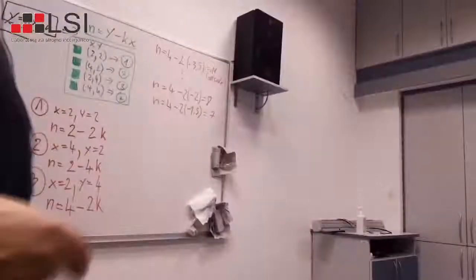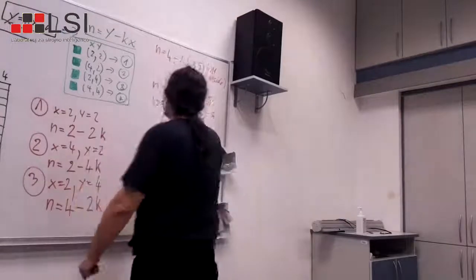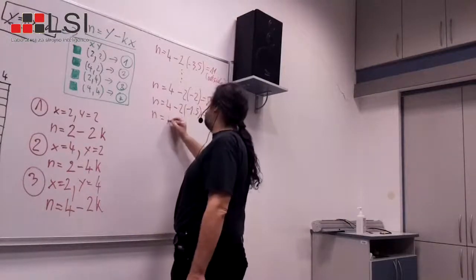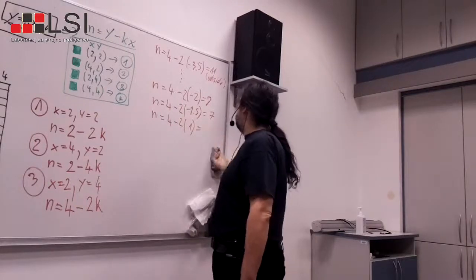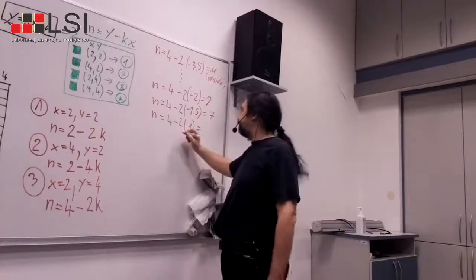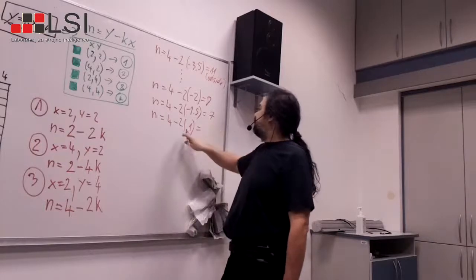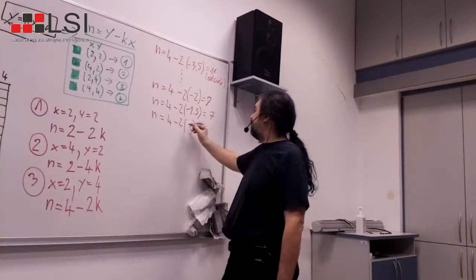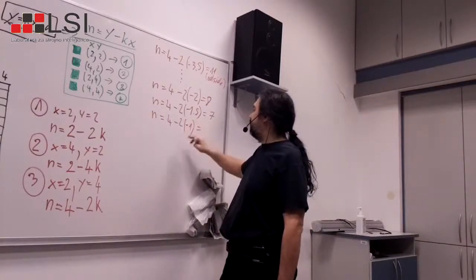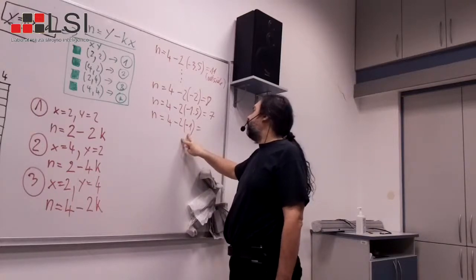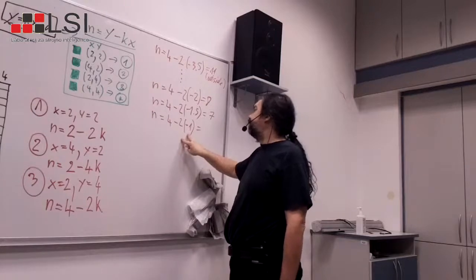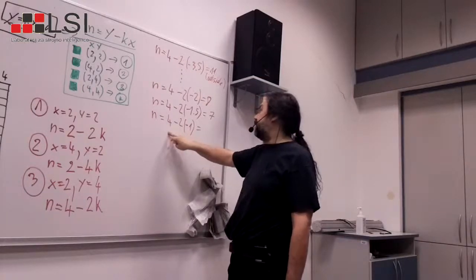One more, and then we can fill it up until the end. So n is 4 minus 2 times, let's do, minus 1. So this is then 2 plus 4, which is 6.